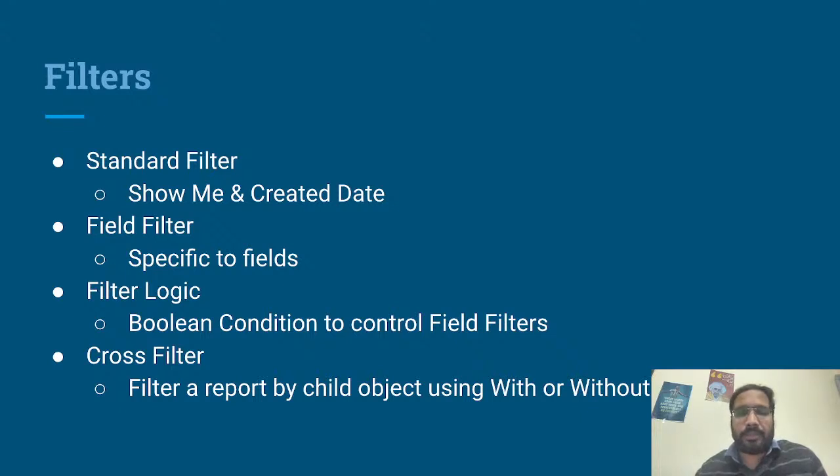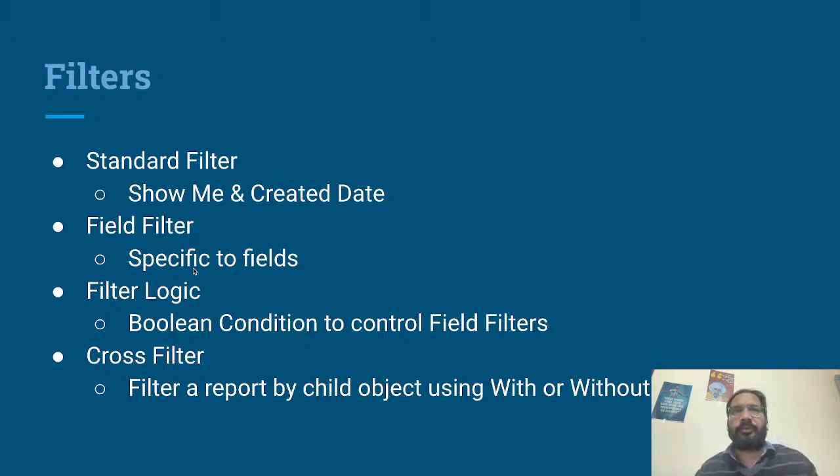So standard filters are available by default, and they give you two options, like which records you want to include in the reports, and you can also select a range, like show me the records which are created by me, based on the created date, right? So this is the standard filter. Then we have the field filter. So these field filters will be custom. So based on a particular field, you can apply a condition.